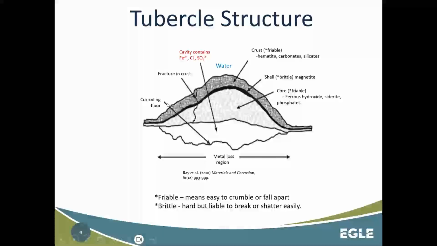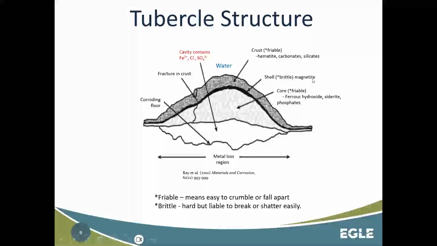So there's various forms of that. And essentially what we want to talk about is, you can have these different layers, these different makeups of what that iron is. So you can have crustable or friable, this kind of style that could be comprised of hematite, carbonates, silicates. Those are the things that might be driving that iron oxide, that iron compound, right? You can have a shell that might be more brittle.